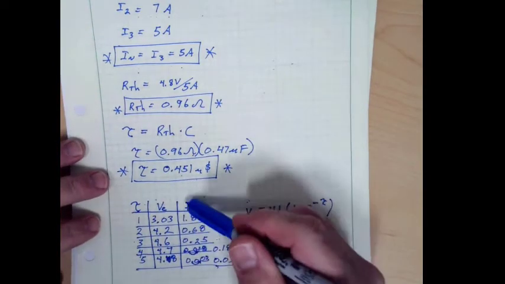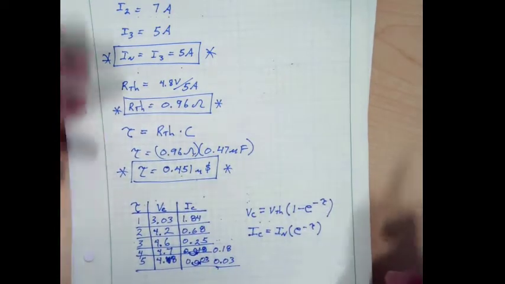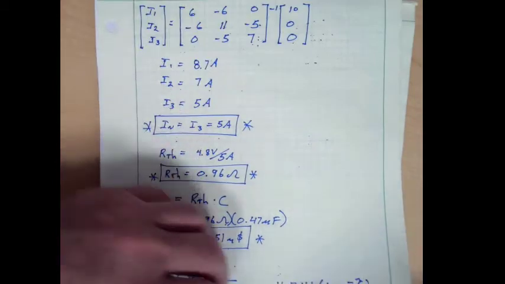Okay, so we now have some numerical values, and now we can plot our response curves for voltage and current for a capacitor. I just like to go ahead and use my engineering paper. Obviously you can use full-fledged graphing paper, but this serves our purpose for now.